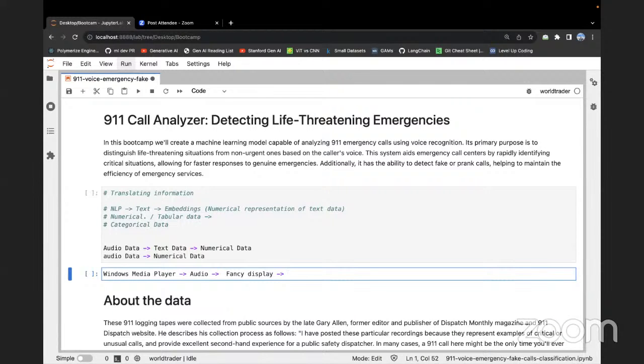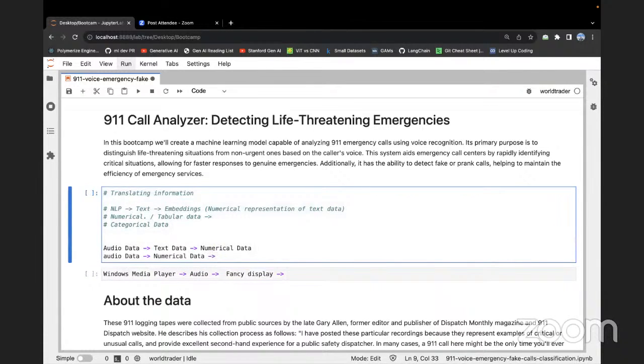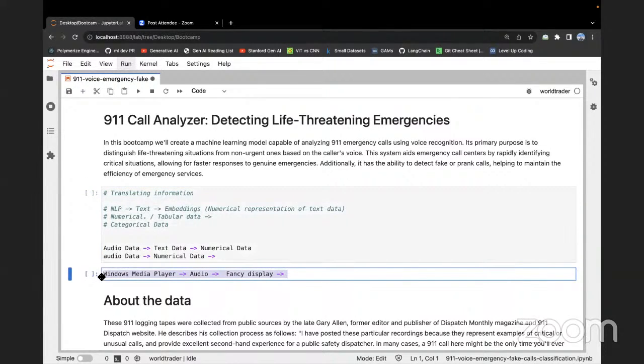So how did that tool, the Windows Media Player, based on the audio, create that dynamic fancy display? It basically worked with the frequencies of the audio, and that frequency directly proportionated and displayed some fancy image. Colored bars that were going up and down, either darker or bolder, either increasing or reducing in size, depending on the audio frequency.